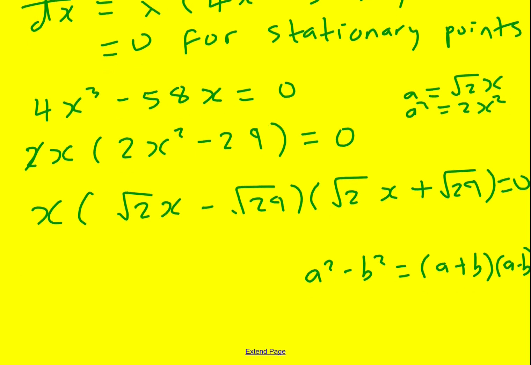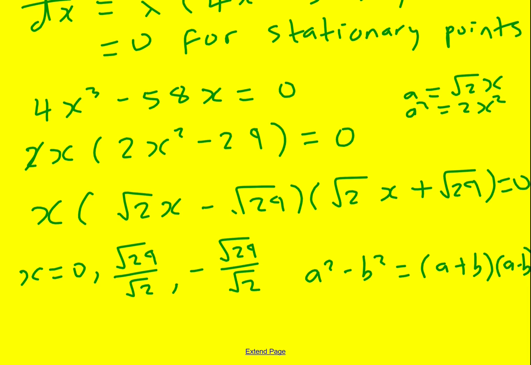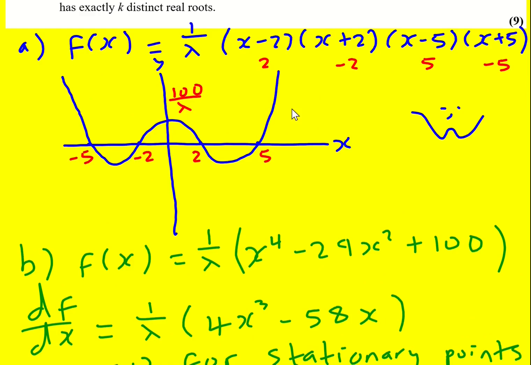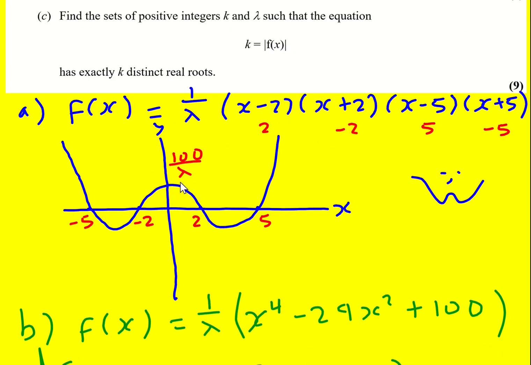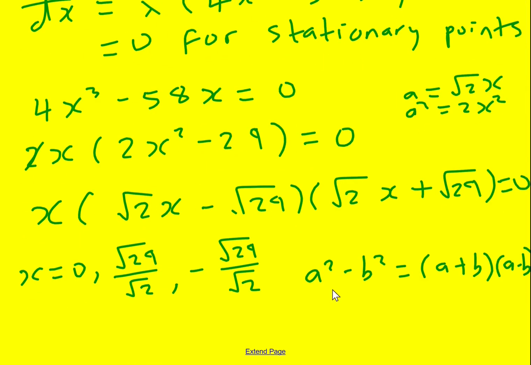In any case, we're going to get that x is 0, root 29 over root 2, or minus root 29 over root 2. And we can see from the graph that x equals 0 would give us the maximum, and the other two will give us minimums.